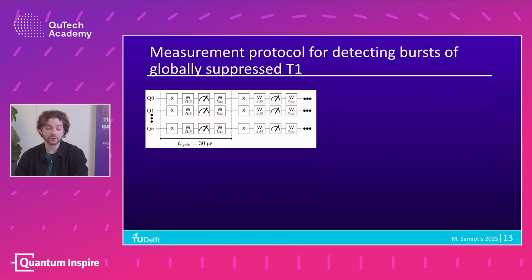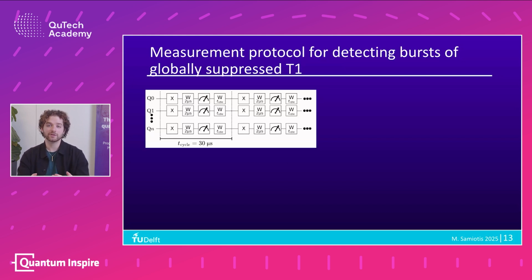So we have made a protocol that we actually were running on Starmon 5 and Starmon 7, and that consists of having all our qubits initialized at the 0 state and then exciting them, and then waiting for a time of 2 microseconds until we measure. Normally, if you excite your qubits and the coherence time, the relaxation time, the T1, is about, let's say, 25 microseconds, then 2 microseconds of wait time is not really going to affect much your qubits.